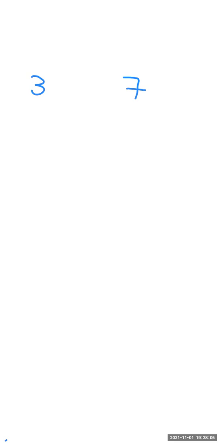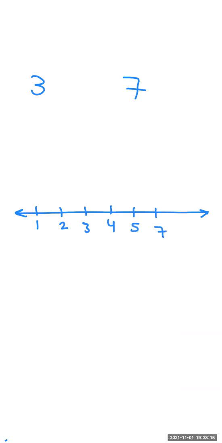So simply, if there is a number line like that, 1, 2, 3, 4, 5, 7, and also 8, no problem. So I want to know the number which lies exactly in the middle between 3 and 7. So this one is 3, this one is 7.